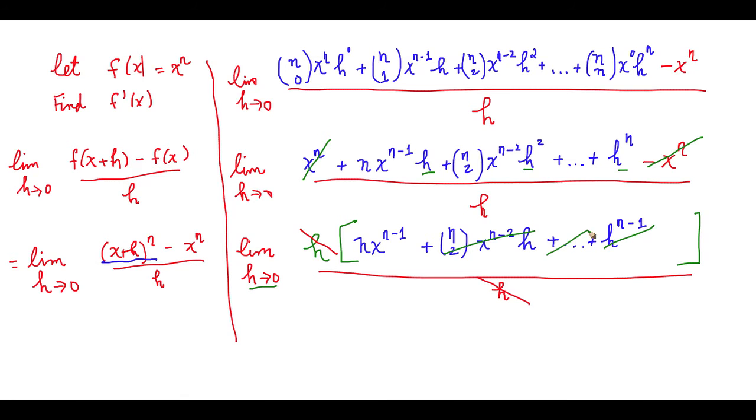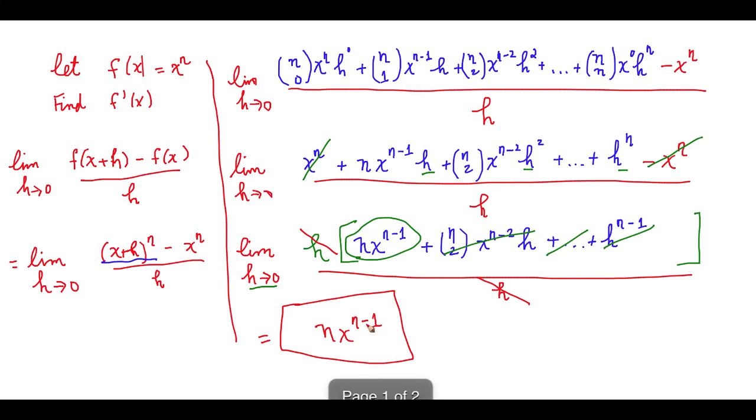So they're all going to have zeros in them, and they become 0. The only term that's left is that one, because it doesn't have any h's in it to begin with. So all of this gets reduced down to n x to the n minus 1. And this gives us a generic formula for evaluating the derivative of any power function.